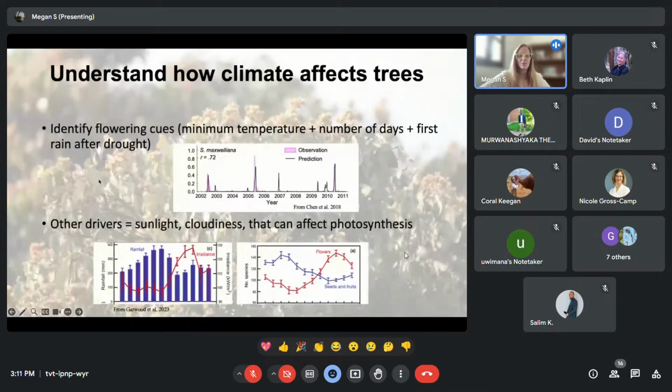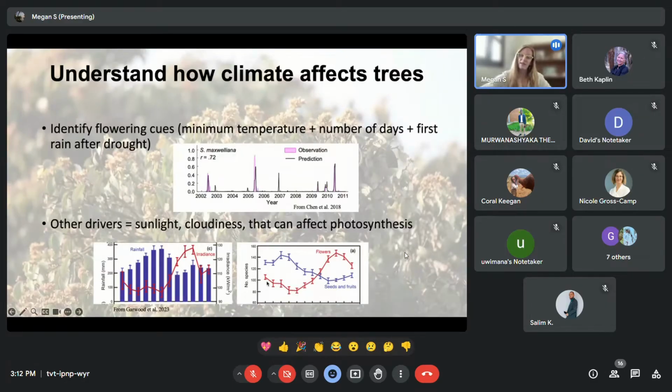And then for things like sunlight and cloudiness that can affect photosynthesis, we can look at these as drivers of fruiting or flowering patterns. And so if you look on this figure from this paper by Harwood et al. 2023, this red line on the panel on the left represents irradiance, which is a measure of the amount of light that plants can receive.